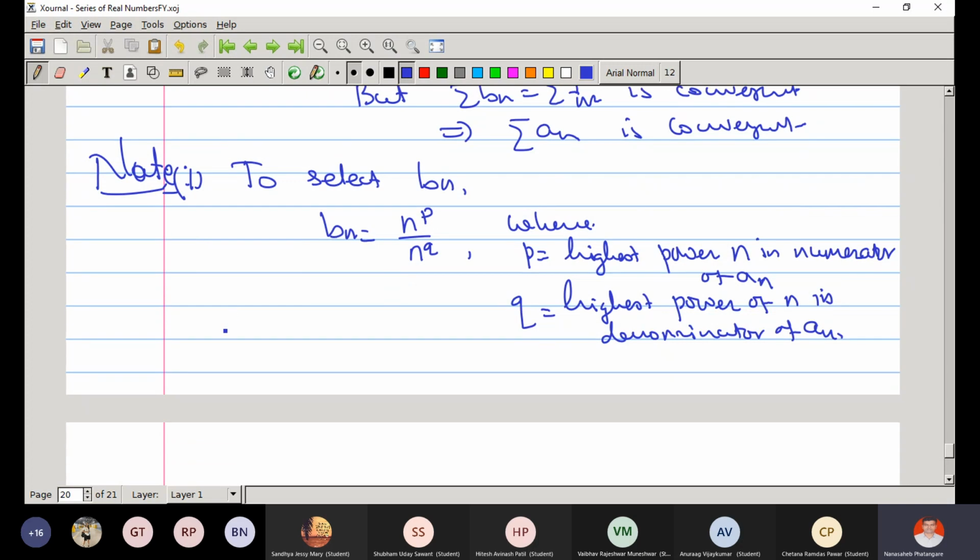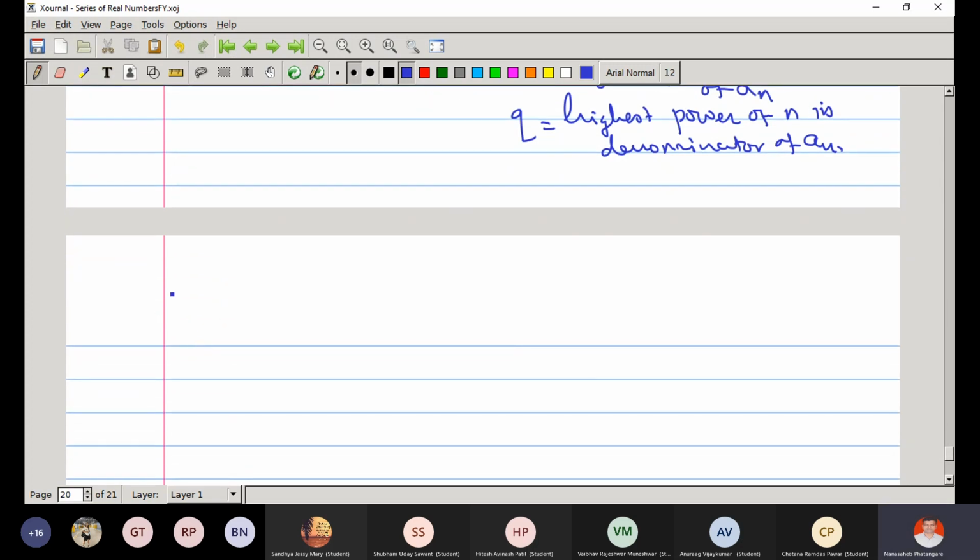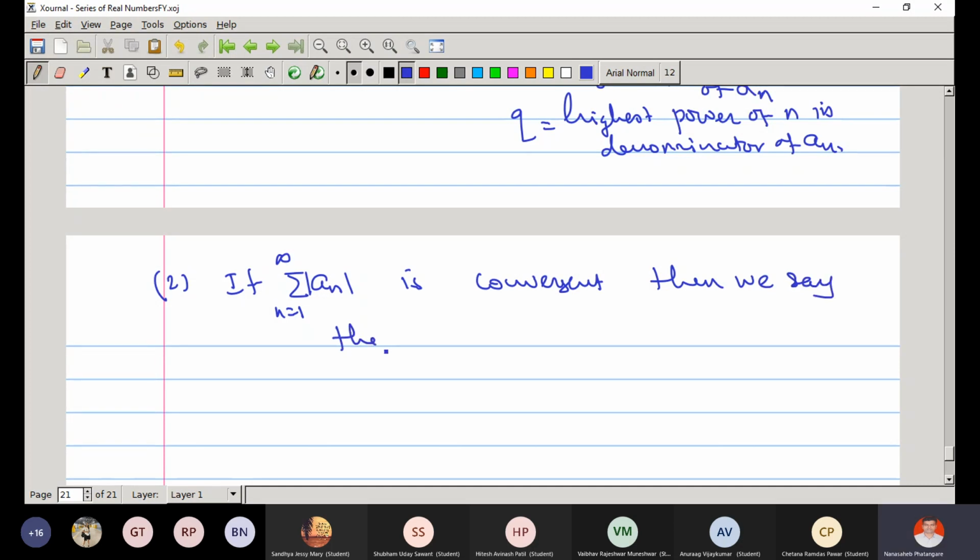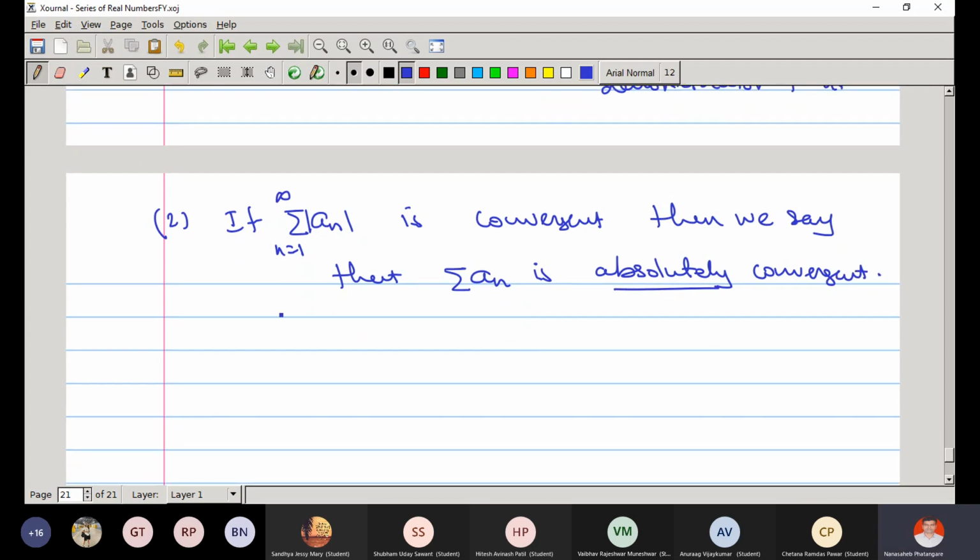So this is one test which is useful for us. If we take absolute values of the terms of a series and it converges, then we say that series an is absolutely convergent. Absolutely means if you take absolute values of terms.